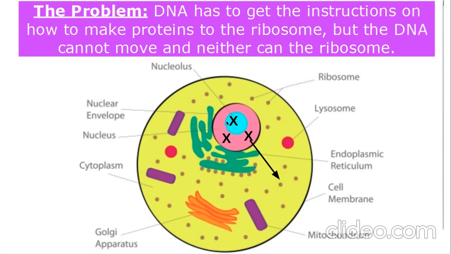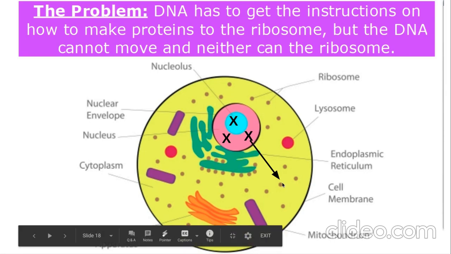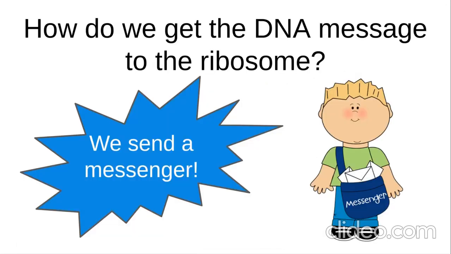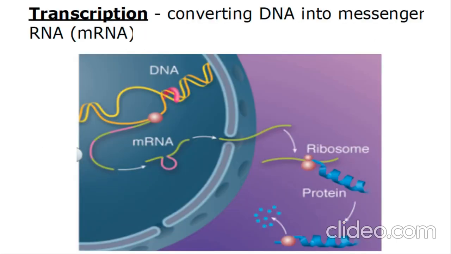So what are we going to do? We're going to send a messenger. We're going to send another molecule to send the message to the ribosome. Okay, we send a messenger. Now, what is this molecule called? Well, the messenger we're going to use is called messenger RNA.